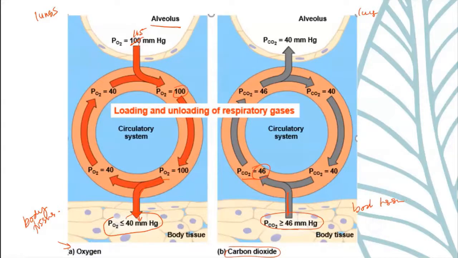Then it travels along your circulatory system to the heart. The heart pumps to the lungs. In the lungs, the partial pressure is 40. So from 46 to 40, obviously carbon dioxide will diffuse out into the alveolus to be exhaled out.